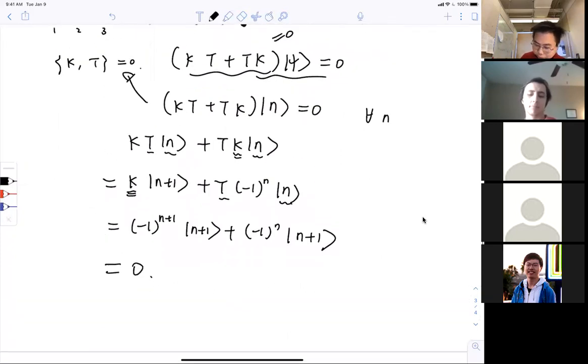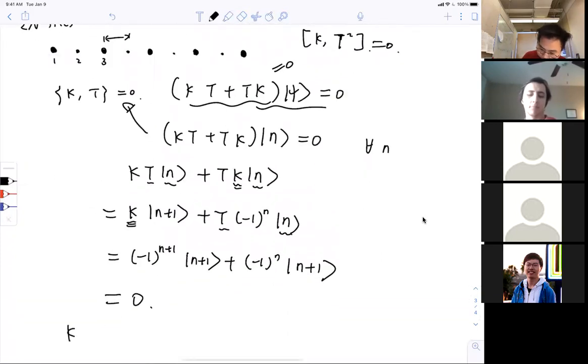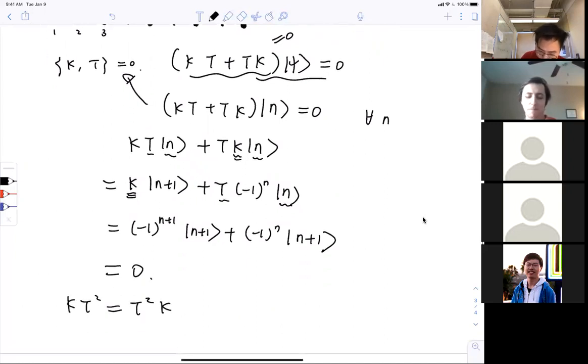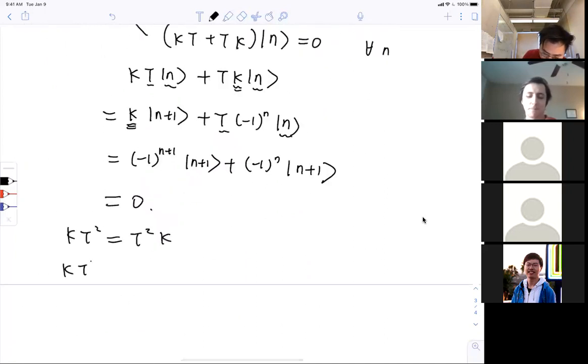Okay, so to verify this is true, you can use the same trick. You just need to prove that KT squared equals T squared K, and act them on |n>. So this is the left hand side, which is KT squared.